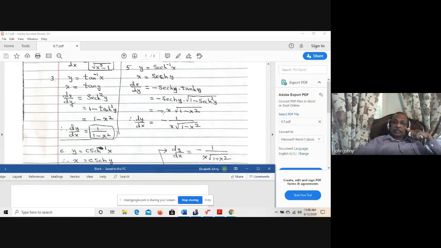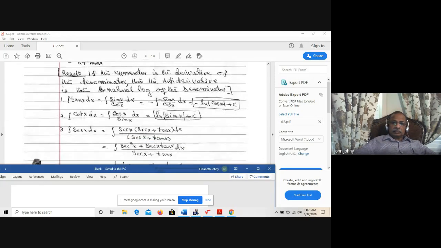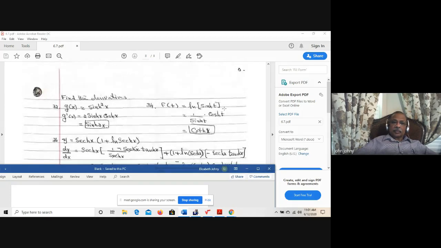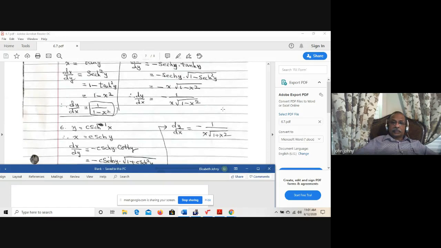That is negative x times square root of 1 minus x squared. So dy over dx is negative 1 over x times square root of 1 minus x squared. Okay, you try the other two by yourself.